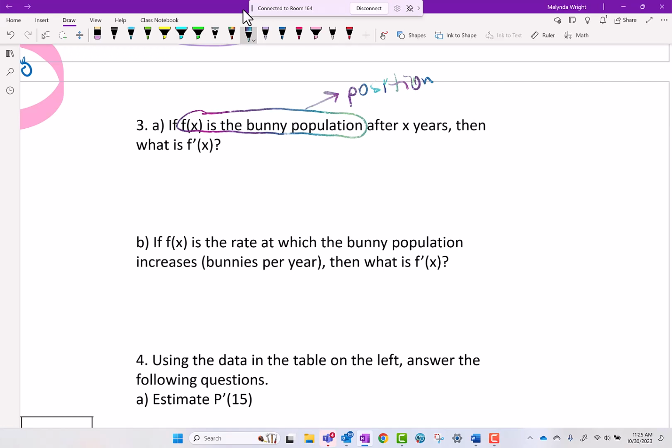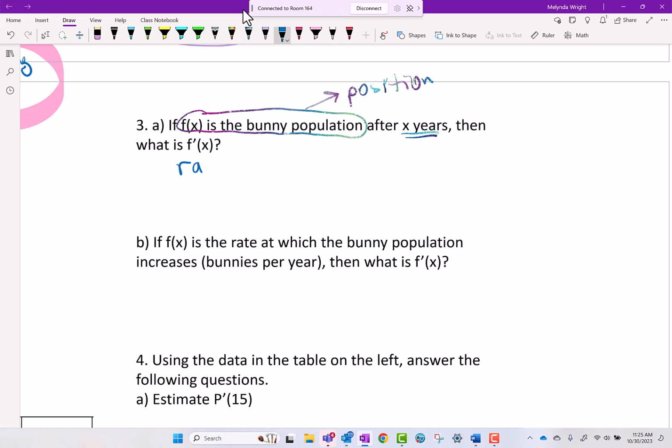Okay, it's the bunny population after X years. So X is in years. Great. So if F is the bunny population after X years, then what would F prime be? What would the derivative of bunny population tell us? It's the rate.